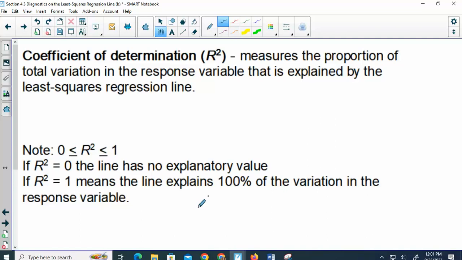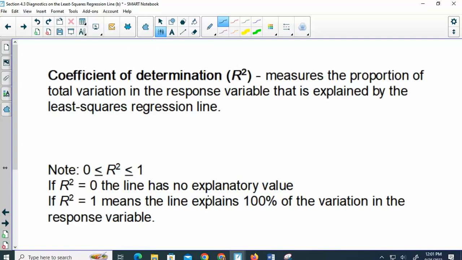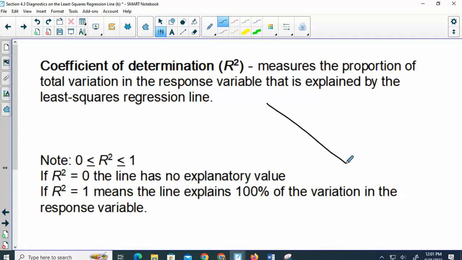Variation in Y. We know not every Y value is the same, right? We want to know why they are different. If we have a true line, then the Y values should be different because they're giving me different points on the line. So if your R squared is 1, that means 100% of the difference in those Y values is because of the line.